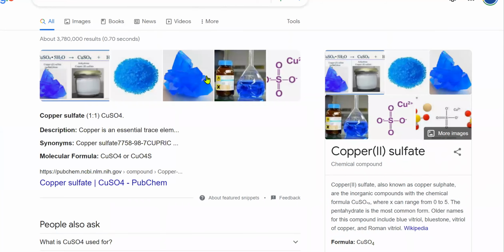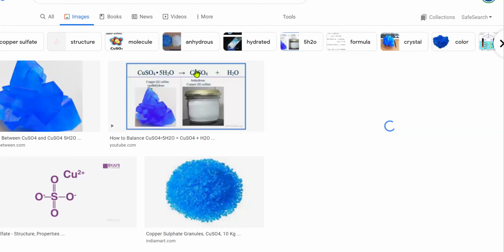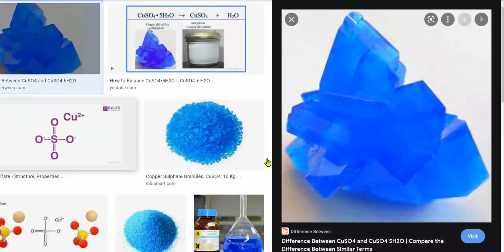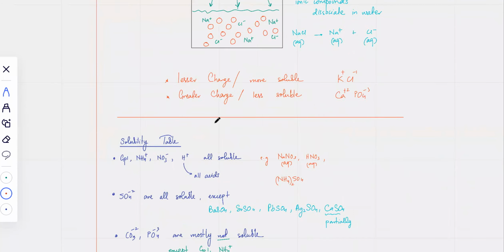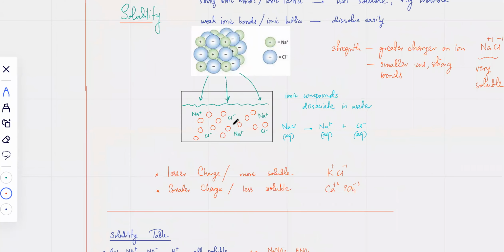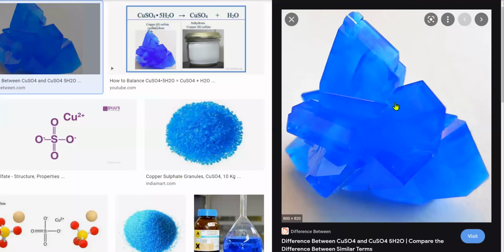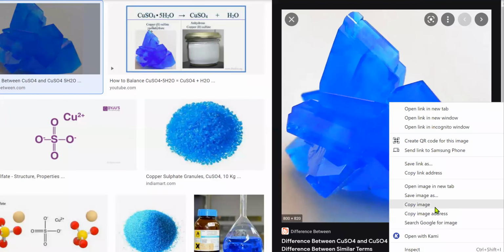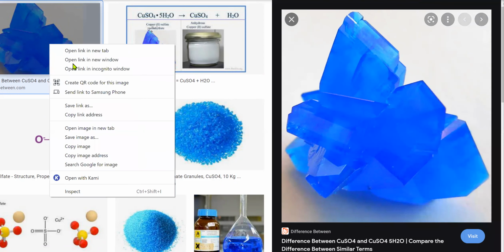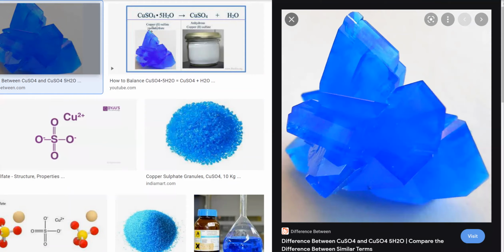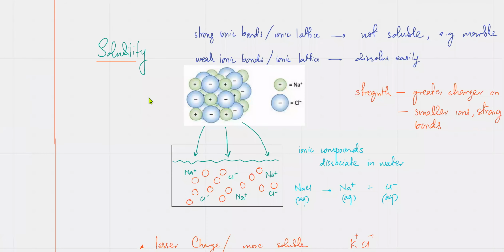So it's something like this. One second. So here's a crystal of CuSO4, right? What is the ionic lattice? It's this thing, right? Yes, blue, sir. The blue crystal isn't showing up, so let me copy it and do this, just to show you. I'm going to copy it along with this, okay?